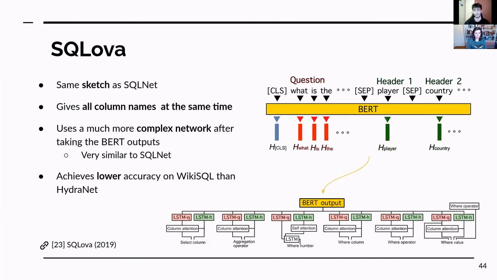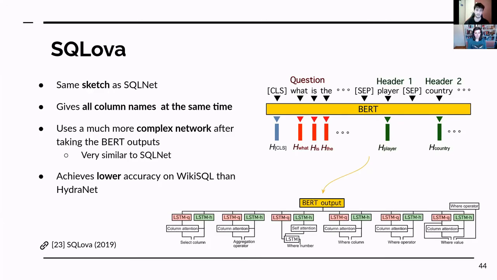And then we would have the column names, each separated with a separating token, and we would add all the column names of the table. We would then give this input to BERT. We would get an output of the same length.